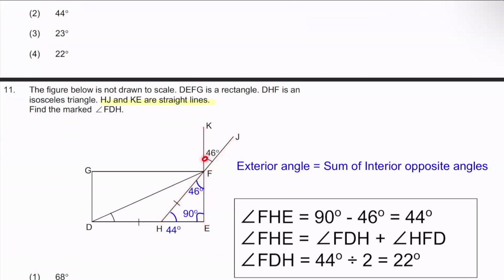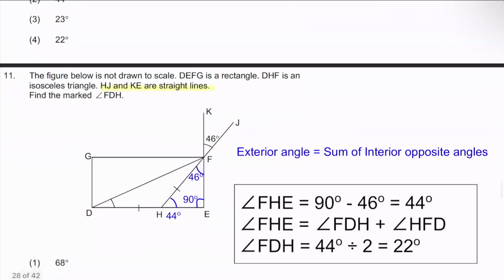So when this is 46, this is also 46 degrees. So you know that since this is a rectangle, this angle here is 90, this total here is 90. So you know that this is 46, you know that this is 90. Can you tell how many degrees this is?